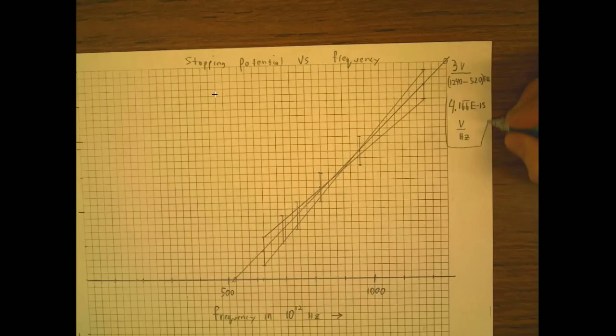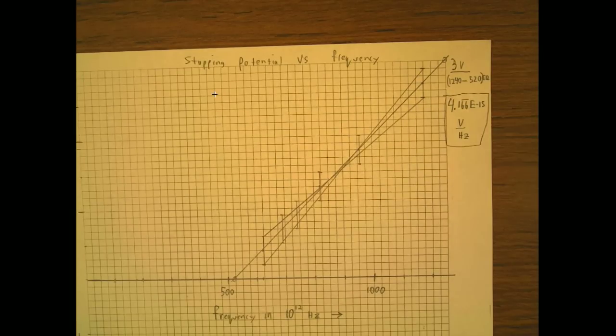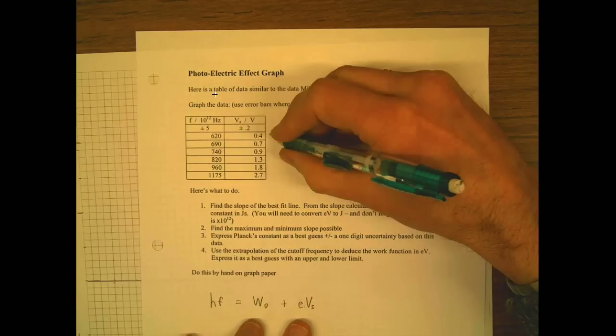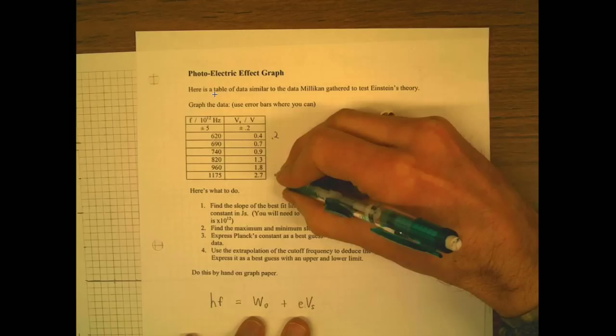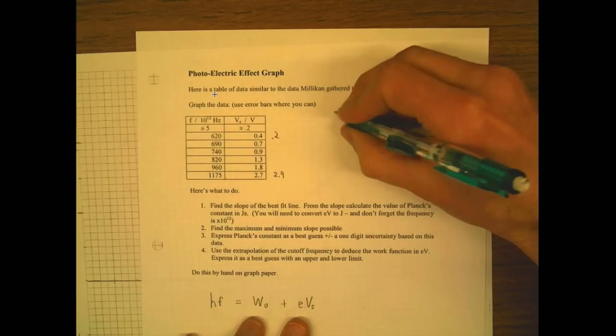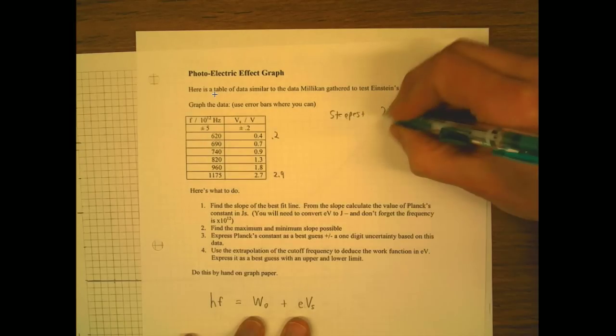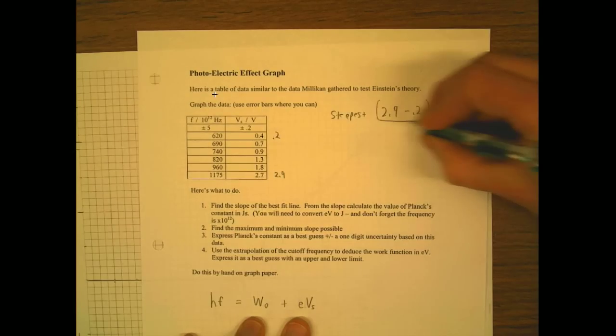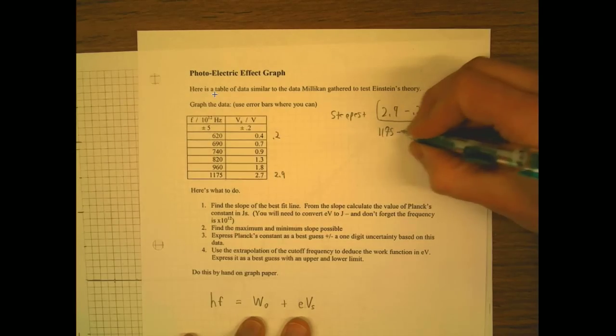Now I'm way too lazy to read these points off the graph, so to find my steepest line, I'm going to go from 0.2 to 2.9, right? So steepest is 2.9 minus 0.2. That's my rise. And my run is 1175 minus 620, right?